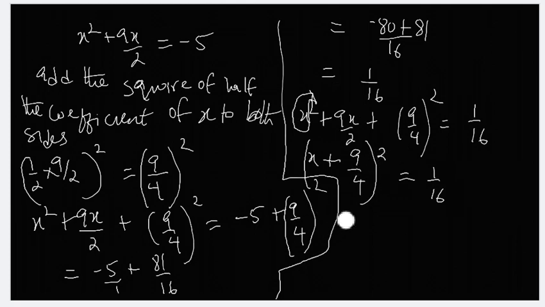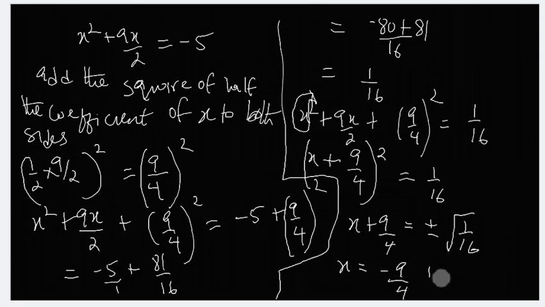When you take the square root of both sides, you have x plus 9 over 4 equals plus or minus square root of 1 over 16. So move this to the right hand side, you have x equals minus 9 over 4 plus or minus square root of 1, which is 1, over square root of 16, which is 4.